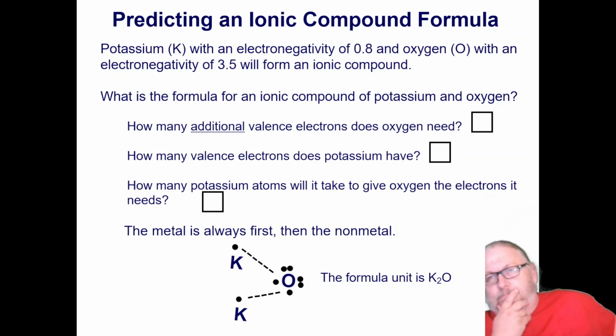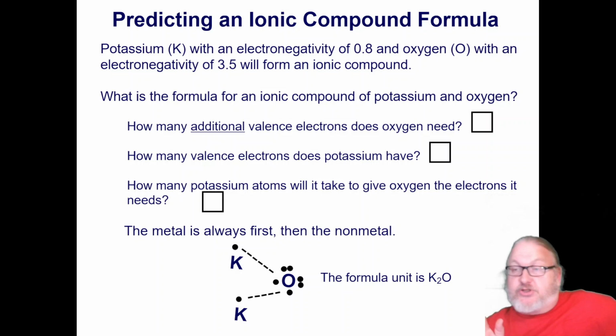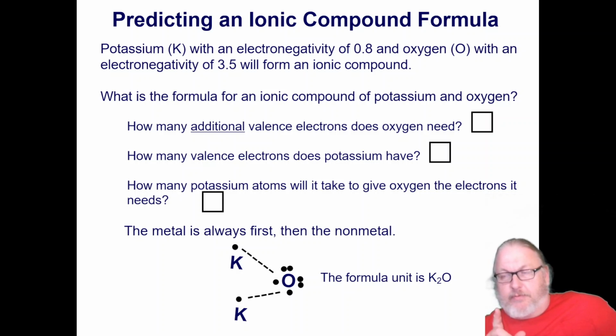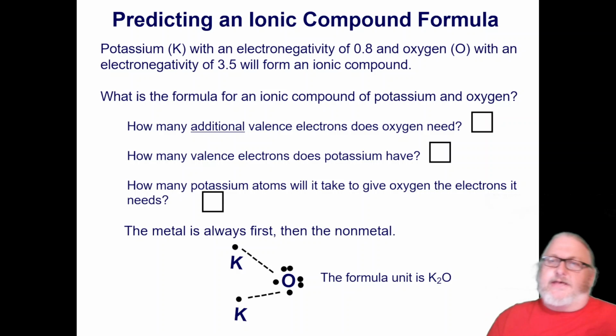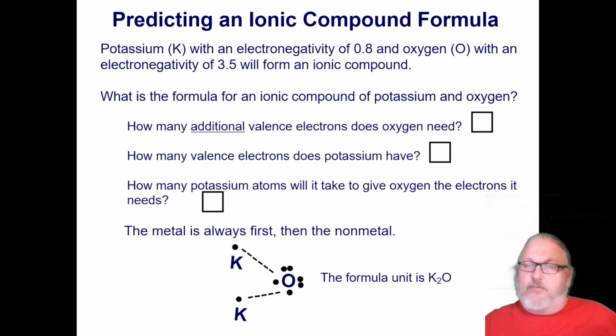First, we've got to make sure there's an electronegativity difference large enough to say the compound is ionic. If you recall, our border is a 1.7 difference in electronegativity. So I've got potassium, with an electronegativity of 0.8, and I'm going to see what it does with oxygen, which has an electronegativity of 3.5.